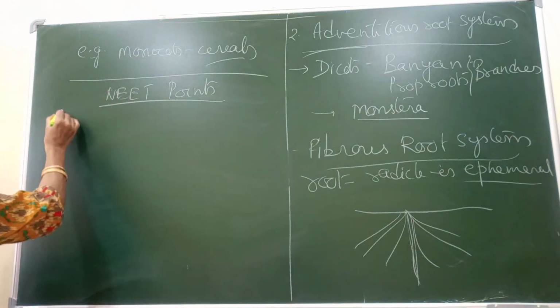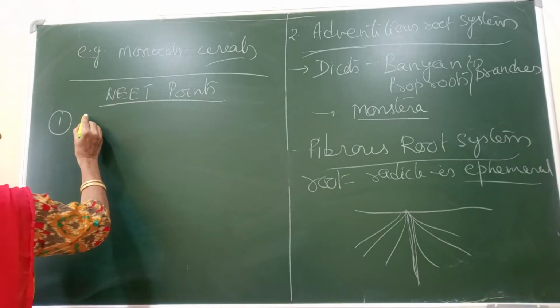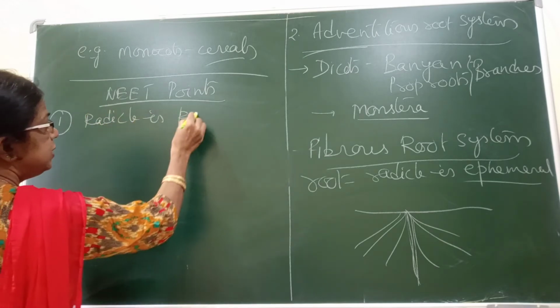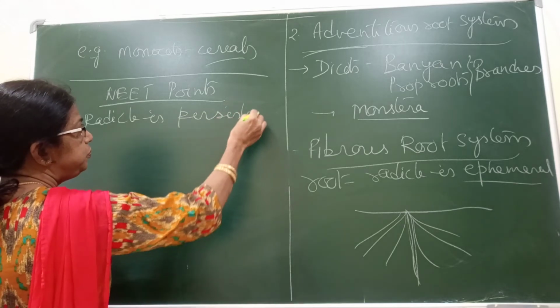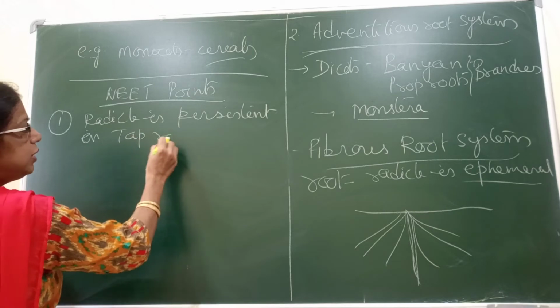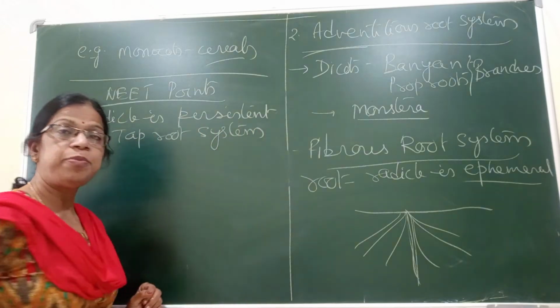So first point: radical is persistent in taproot system.